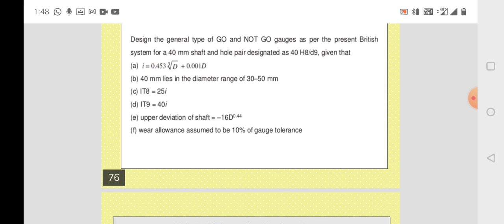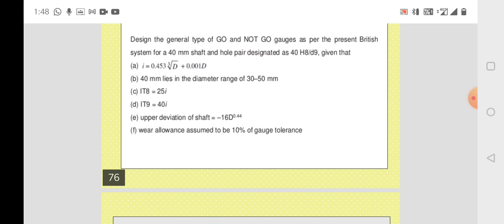Then IT8 is 25I, that is the tolerance we can calculate from there. Then IT9 is 40I. IT9 is for the shaft, IT8 is for the hole, it is given in the problem. Then the upper deviation of shaft is minus 16 D raised to power 0.44, that is also given. That is given in the table also, but it will be directly given in the problem.